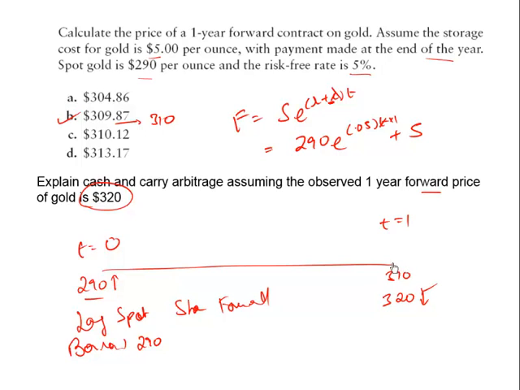Let's see the profit that we'll make. We borrowed 290 and bought 1 ounce of gold. At the end of 1 year, we sold it for 320. So at t equal to 1, our inflow will be 320.